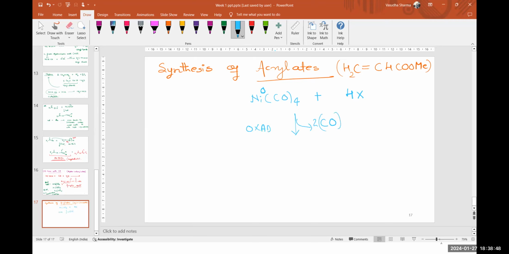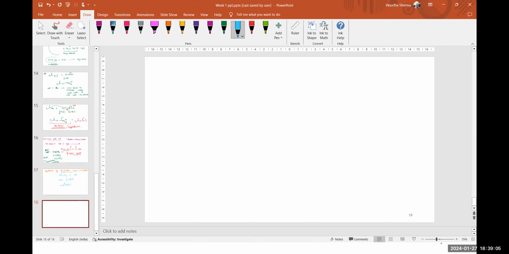Since it is in zero oxidation state, it will go to nickel +2 with two carbonyls, one H and X, splitting of the HX bond. Then I think I should do it in the next slide. So if I'm having nickel CO 4 treating with HX, it will release two carbon monoxide molecules, and under oxidative addition, it goes from nickel 0 to nickel +2, where two CO molecules are still intact.